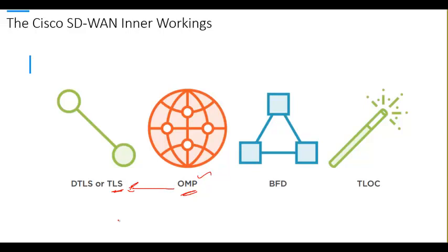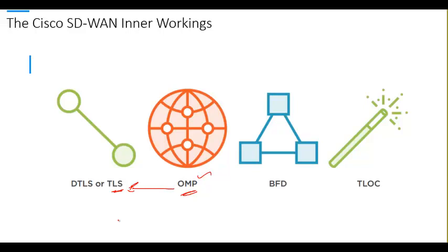So OMP runs only between the authenticated devices. When the vSmart controller uses OMP, it advertises different types of information which will be used by WAN edge devices for data plane connectivity and transport.